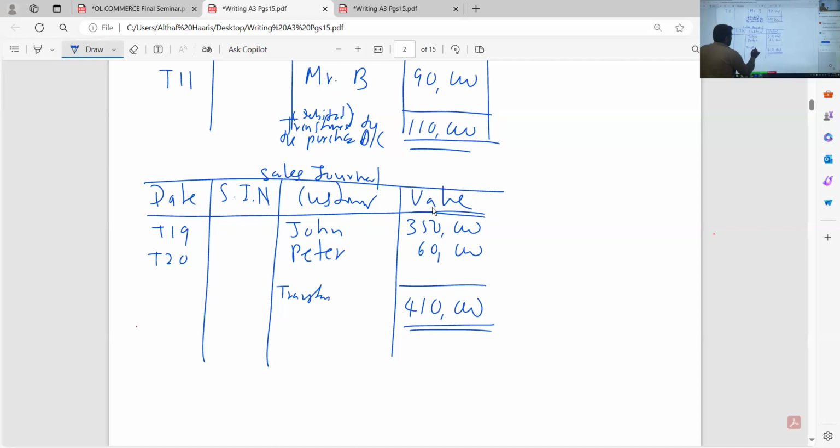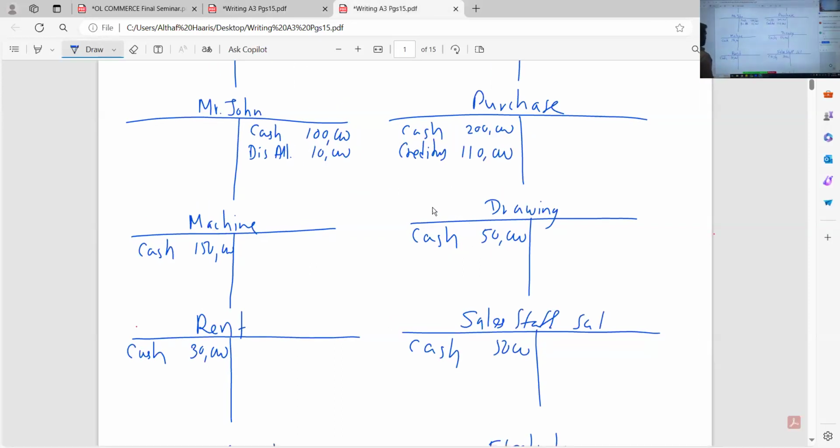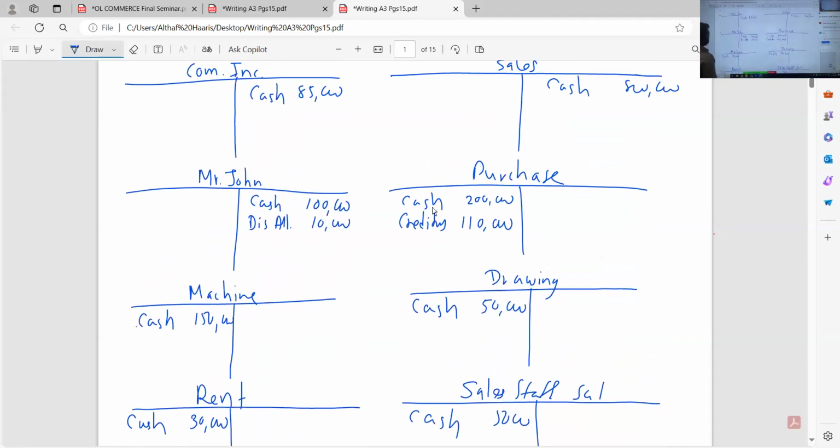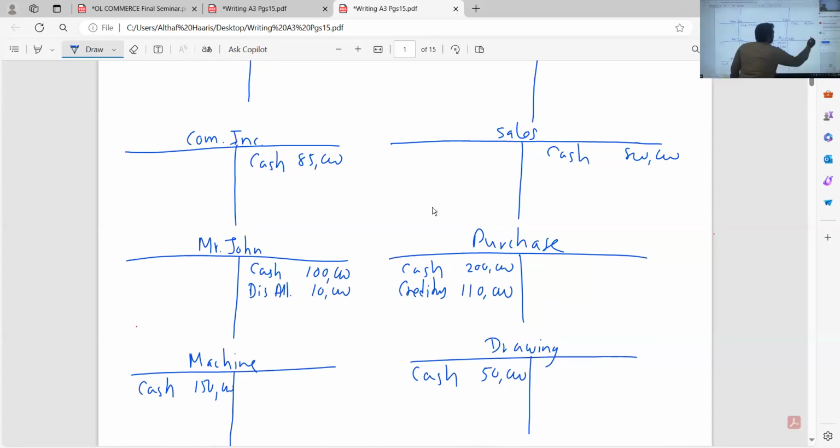Transferred to the sales account, or credited to the sales account 410,000. So where is the sales account? Sales are here 410,000.